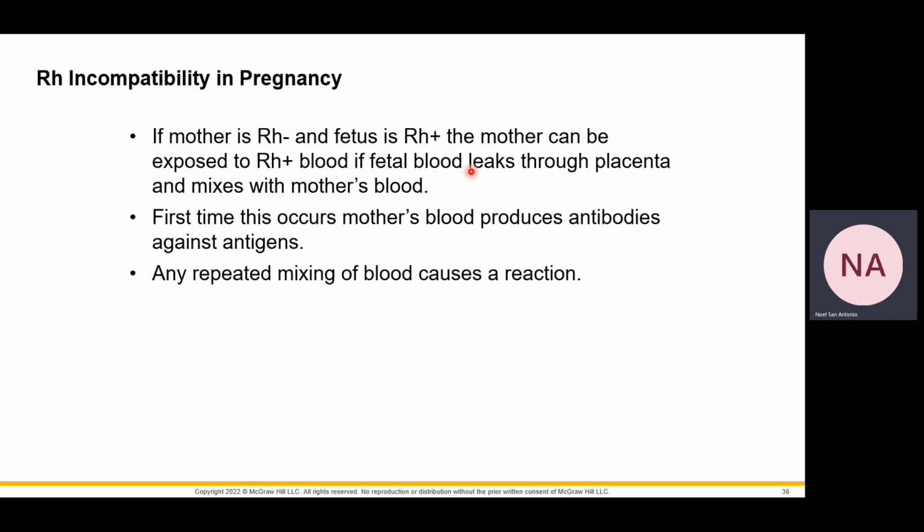If the fetal blood leaks through the placenta and mixes with the mother's blood. So, during delivery, the mother's blood produces antibodies ngayon against that Rh, kasi na-expose na siya sa Rh positive blood.